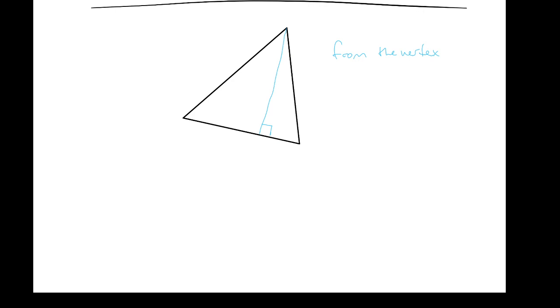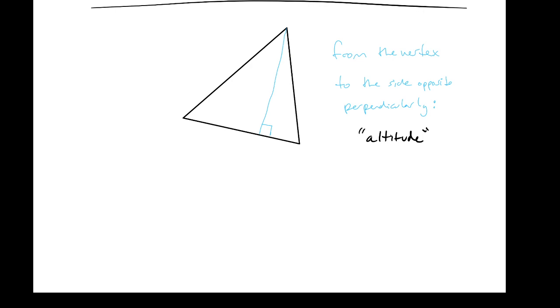It's also going to be the shortest length from this vertex to any other point on the side opposite. From the vertex to the side opposite, that's constructed perpendicularly. This is what's known as the altitude. It's that height.